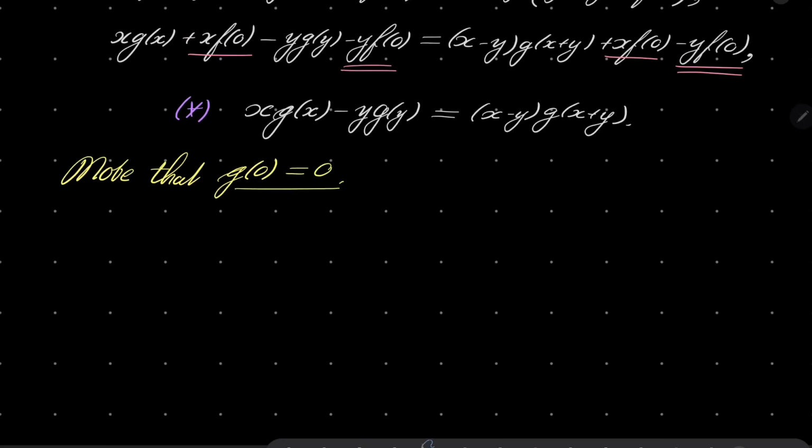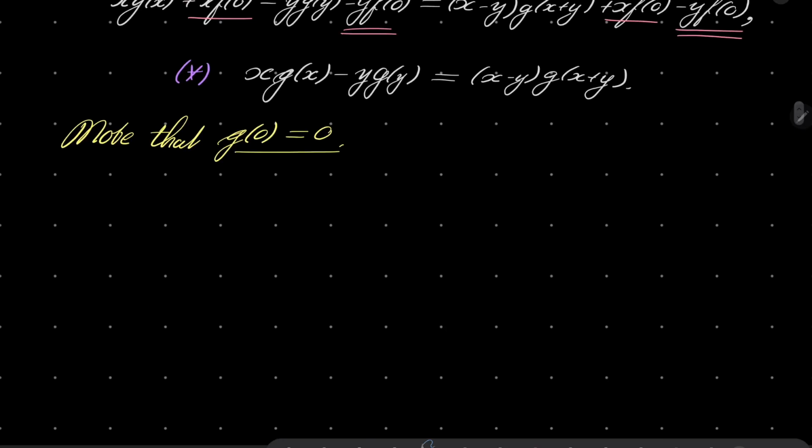And now let's set some variables. First, let's set y to be minus x in our condition asterisk.